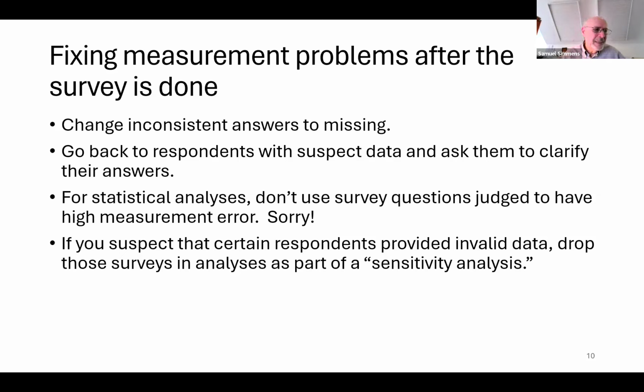For most studies, that's not really feasible, or you'd be violating confidentiality if you were to do that. But sometimes it's possible, and if it is, having that conversation with the person could be a way of correcting it. Again, that would be particularly important for key variables that you really want to focus on.